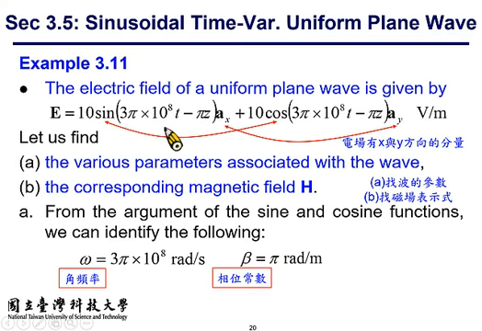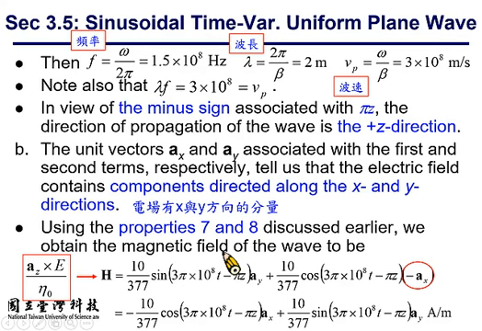So using this form, you can identify what is omega. Well, omega t minus beta z, so omega is actually 3 pi times 10 to the 8th. Okay, that's your angular frequency. Beta z, minus beta z, so what is beta value? It's pi, all right? So based on the knowledge of omega and beta, we can derive some follow-up important parameters, such as the frequency.